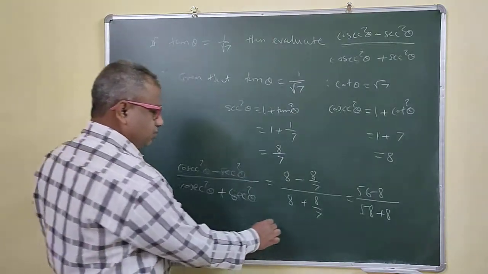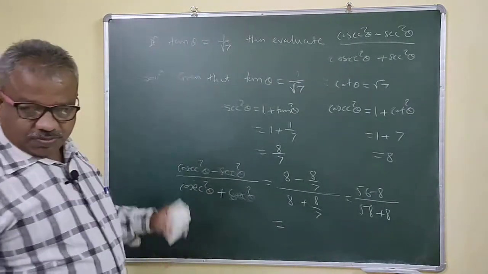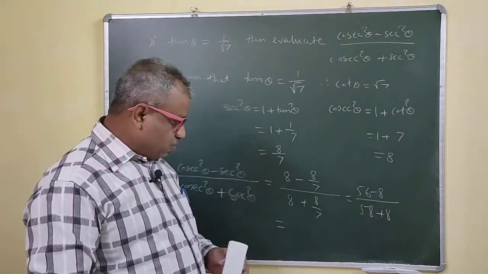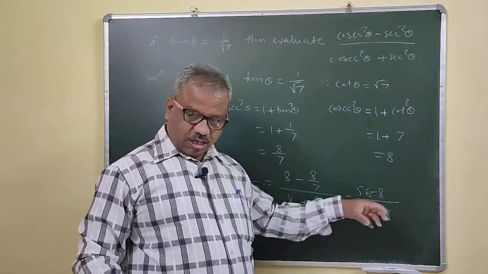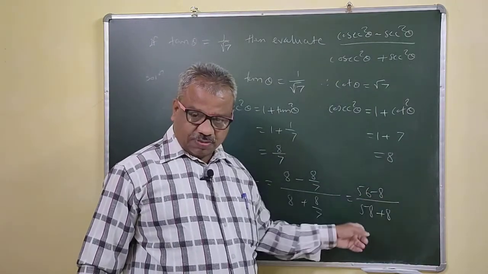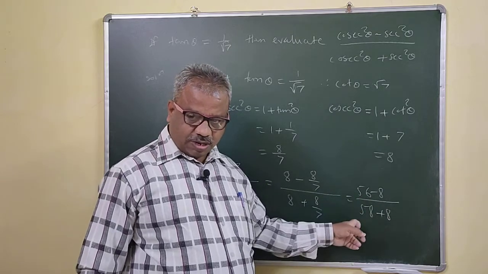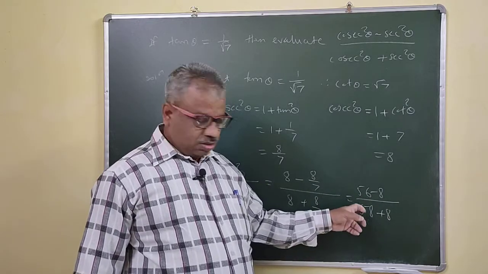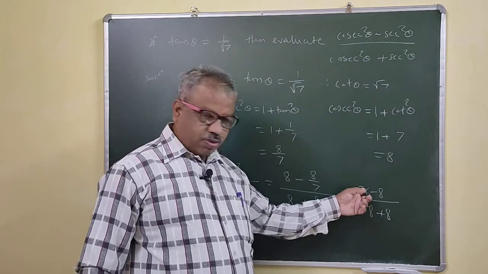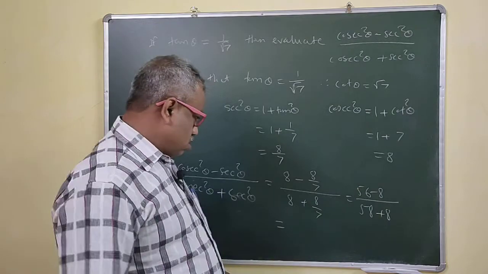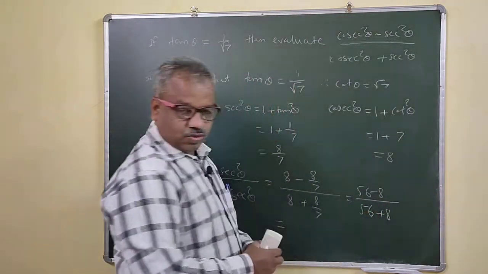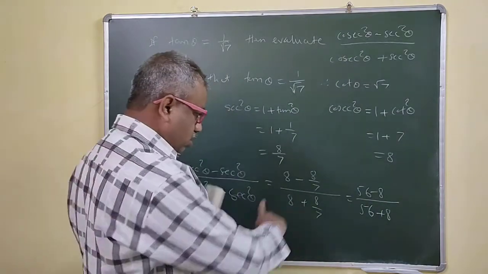So this is equal to 56 minus 8 upon 56 plus 8. You may divide each term by 2 now. Is it divisible by 4? If it is divisible by 4, then also you can do this. Each term of the numerator and denominator is divisible by 4.